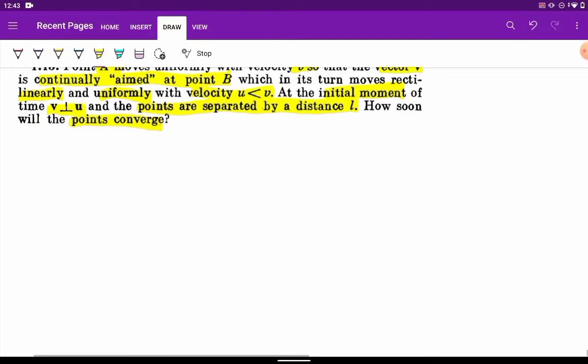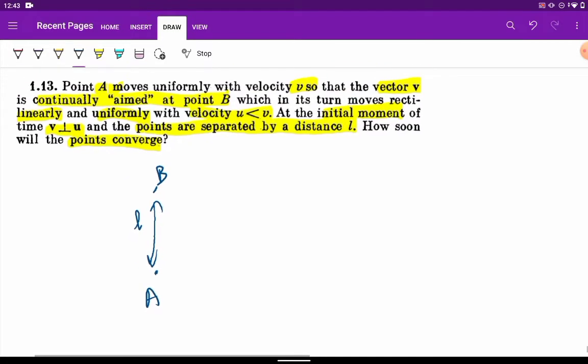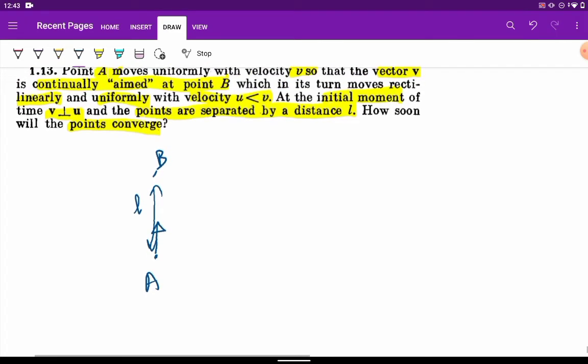Okay, fine. So let's now consider points A and B. Let's say they are initially L distance apart, and point A is always aimed towards point B with a velocity of magnitude v, and v is perpendicular to u. Let's say it's this way without loss of generality.